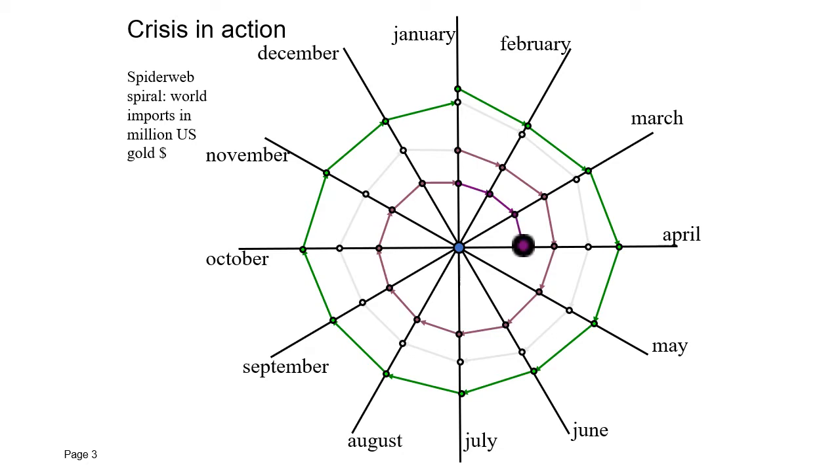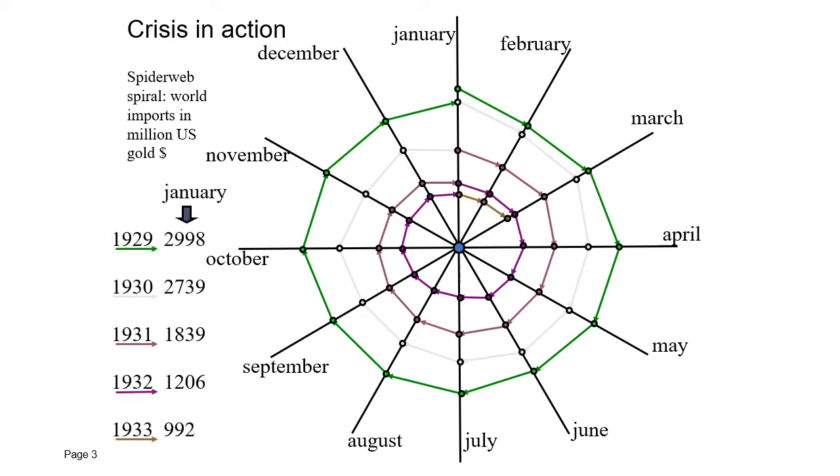The important thing to know is that from 1929 to 1933, US imports became a third of what they were in 1929. In 1929 it was just under 3 billion, and in 1933 it was just under 1 billion. This is what happened in the period near the Great Depression.